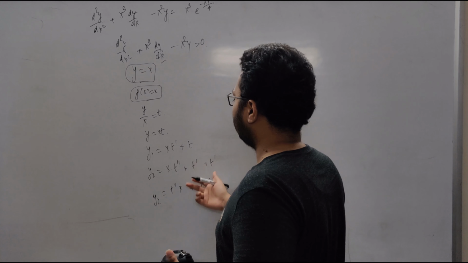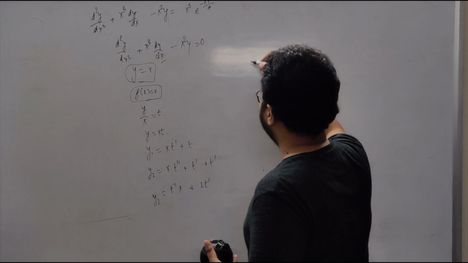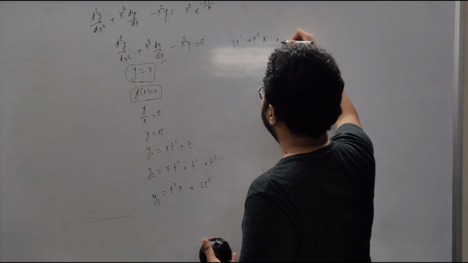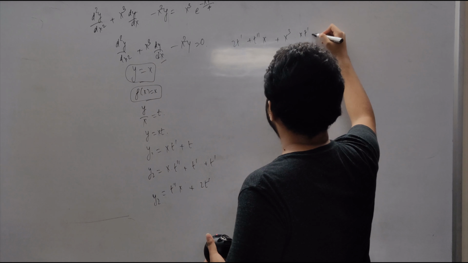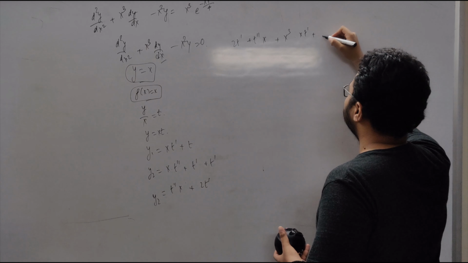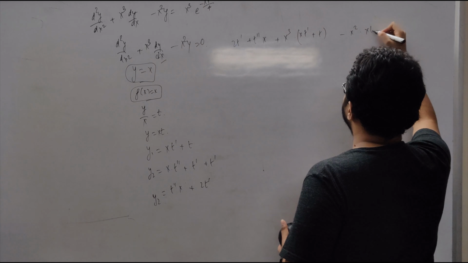We put this y2, y1 and y in this expression. We will get 2t dash plus t double dash x plus x cube into x t dash plus x t dash plus t minus x square into xt.